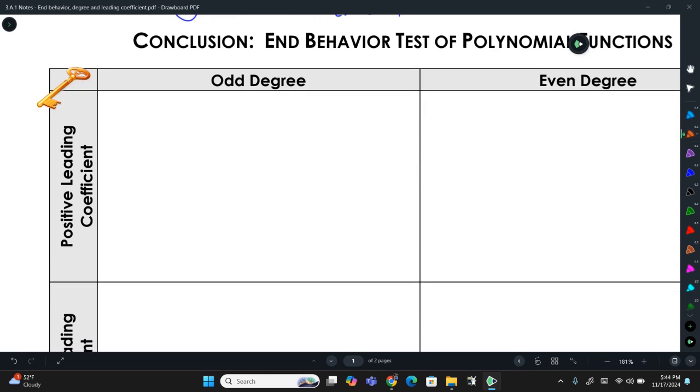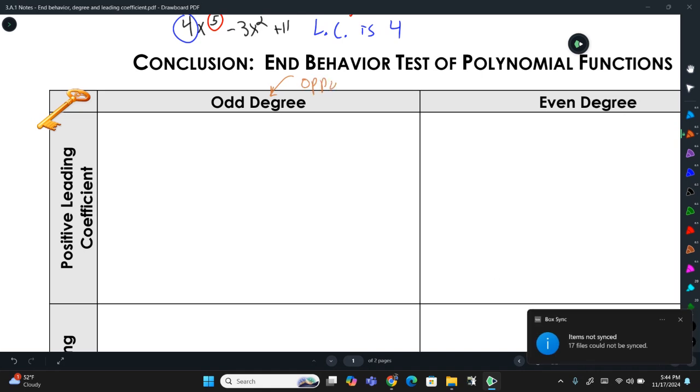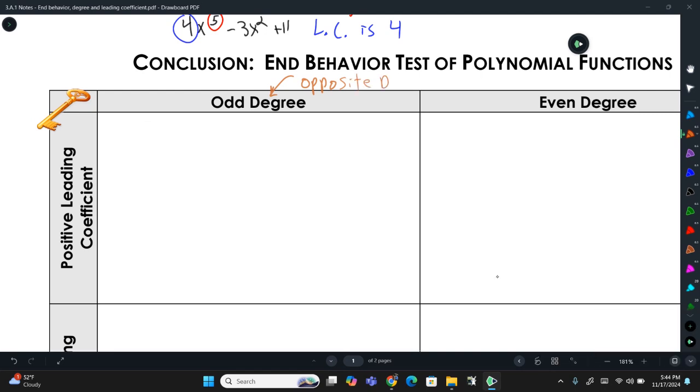So if our degree is odd and the leading coefficient is positive, so an odd degree, the ends go in opposite directions. So if I have an odd degree and a positive leading coefficient, that means the left side is going to go down and the right side is going to go up.